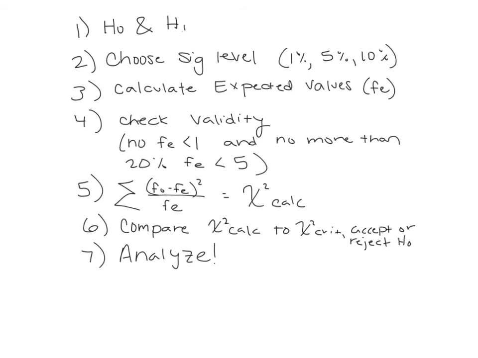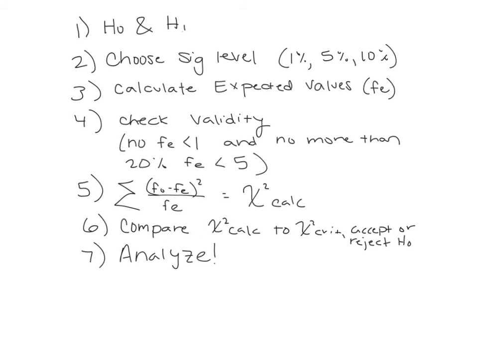Once we did that, we chose a significance level, and we did that before we really played around with our data because we didn't want it to be manipulated. Then we calculated our expected values, and we checked our validity, making sure that we had no more than 20% of the expected values below 5.